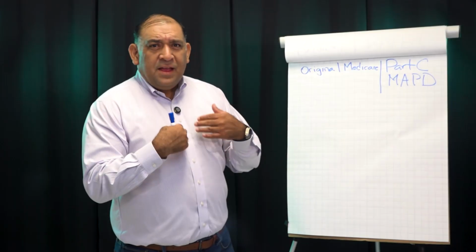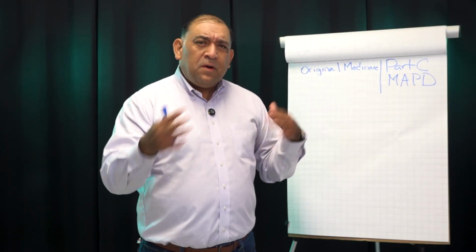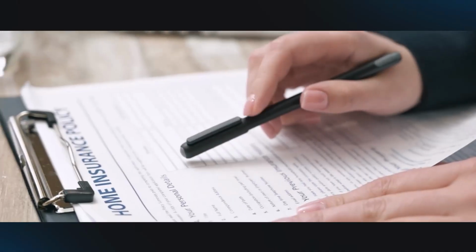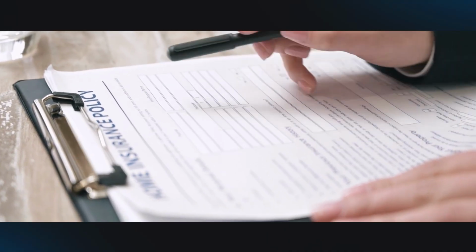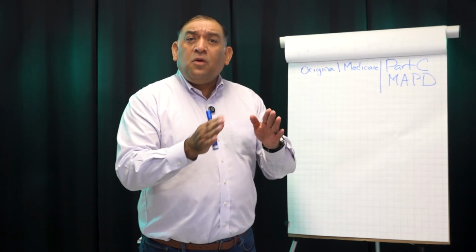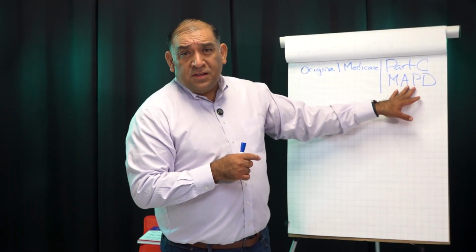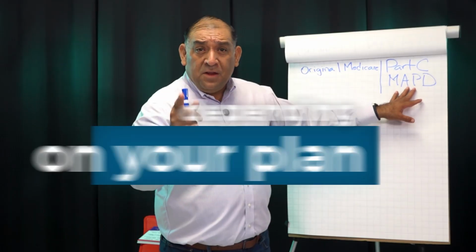In the area of Texas where I live, the doctors are so used to the referral situation that most of them ask for a referral anyway. So depending on where you live, the doctors may say, no, I don't need a referral. You have a PPO, I understand. Good for you. It all depends on where you live. But the bottom line is, Part C will require some referrals depending on your plan.